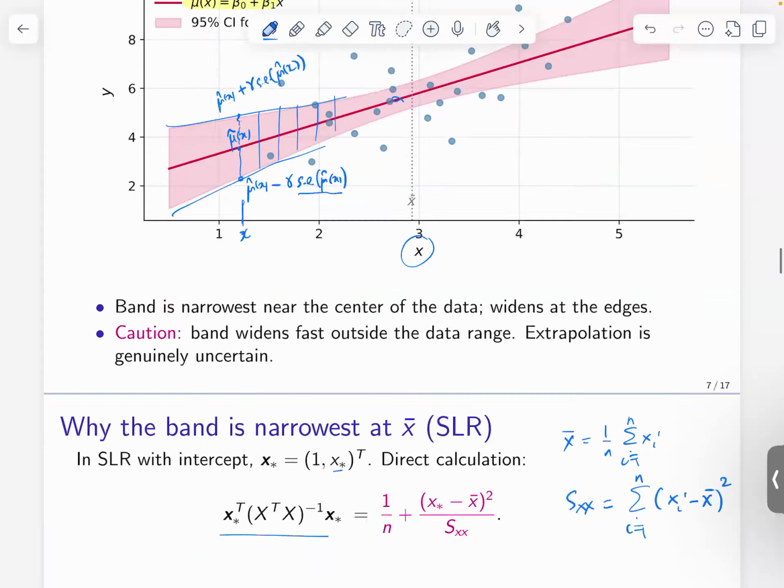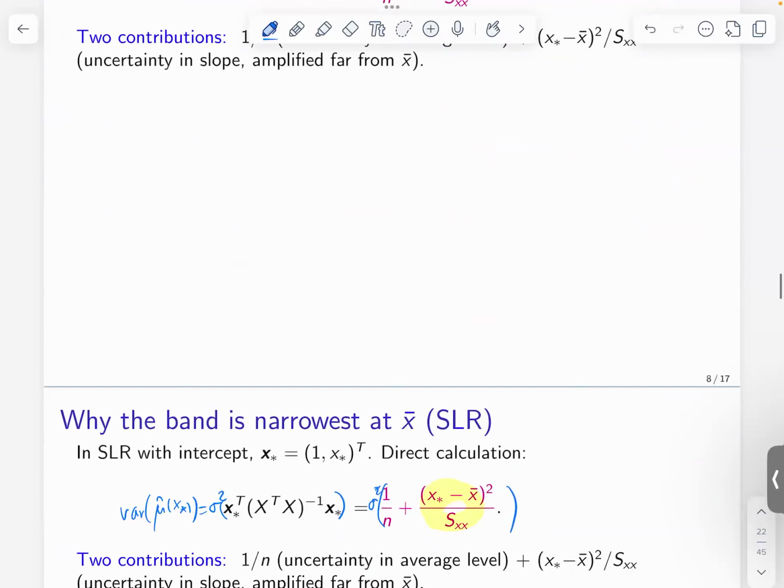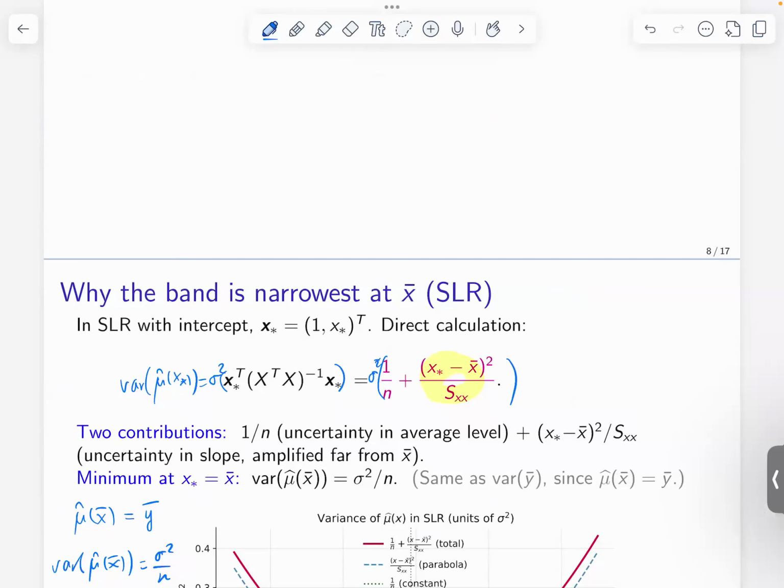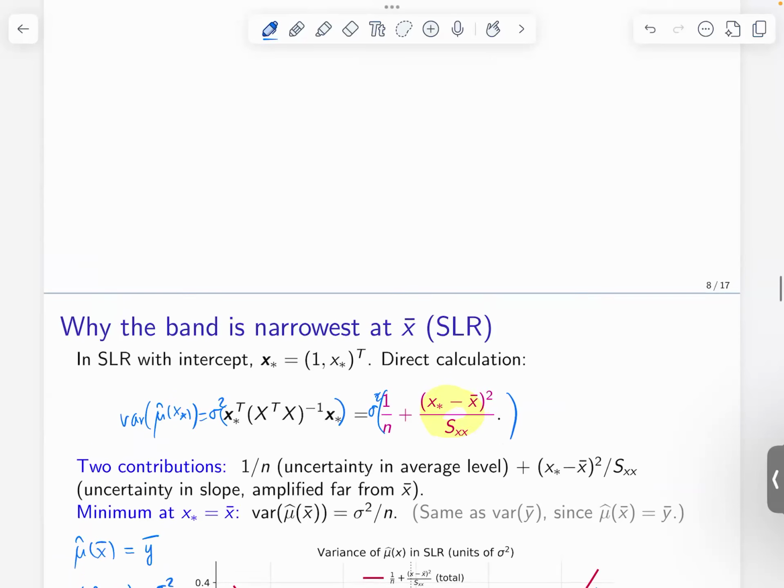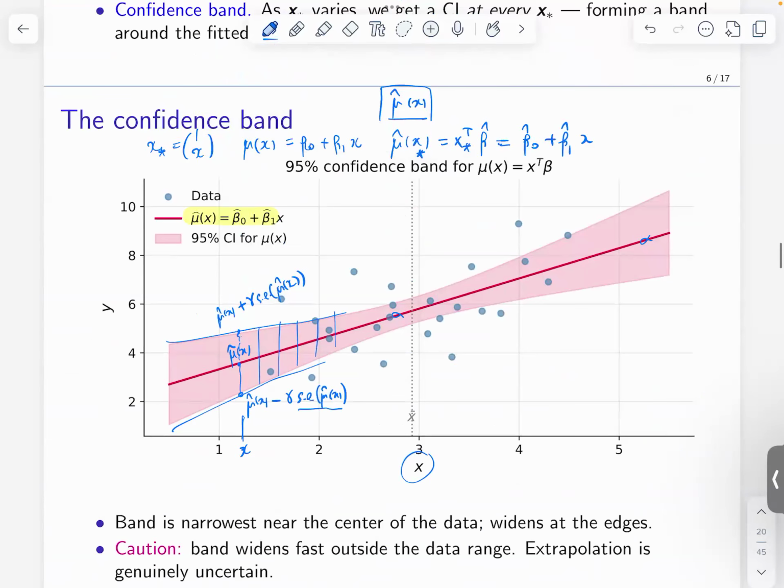You can figure it out. Just replace with s squared and take the square root, get s times the square root of this. Times gamma, that would be basically how far above and below you go. And this varies.